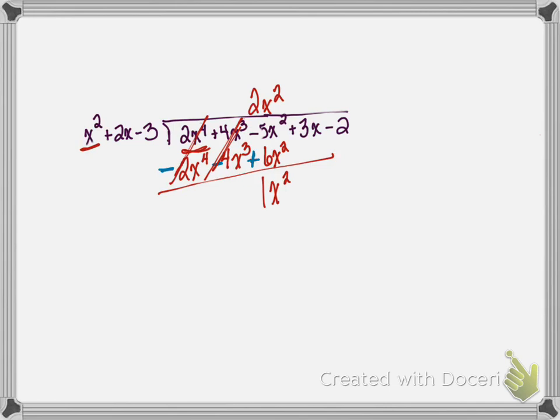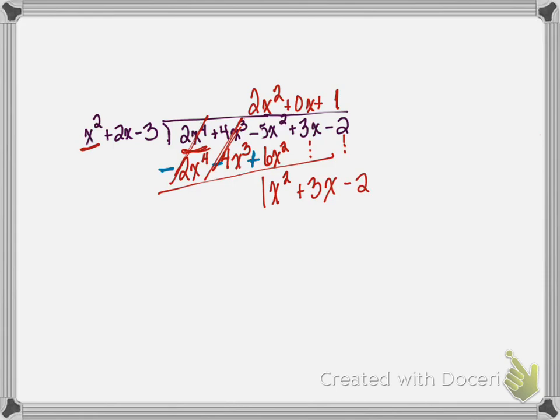Okay? So I am going to put that 1 over the negative 2. So I bring down this 3x, and so what's going to go over that 3x? A 0. And because of that 0x as a placeholder, I can go ahead and bring down this negative 2.